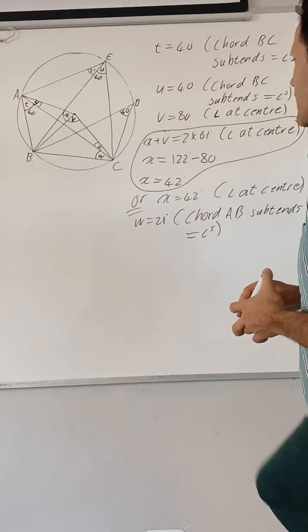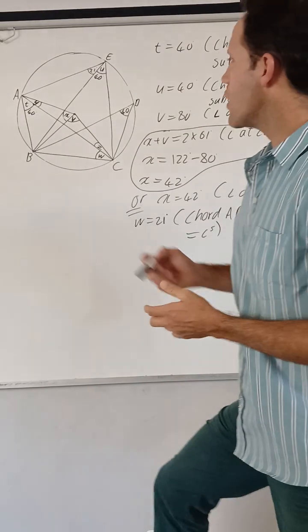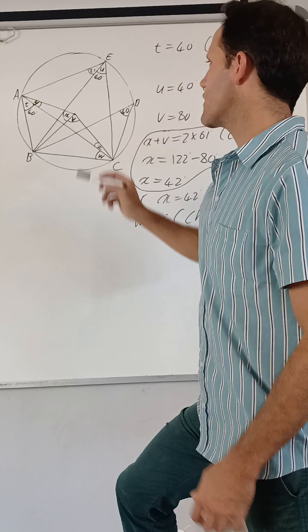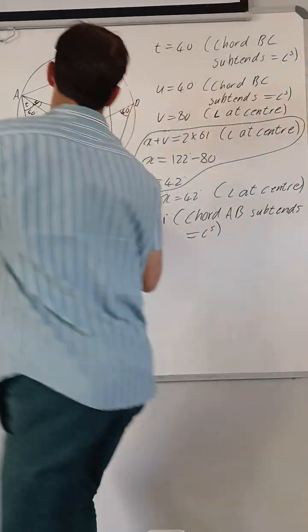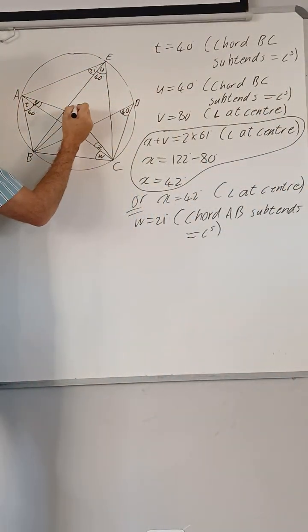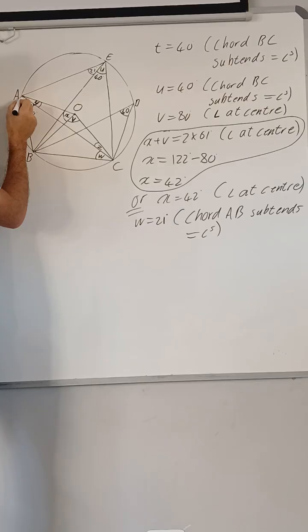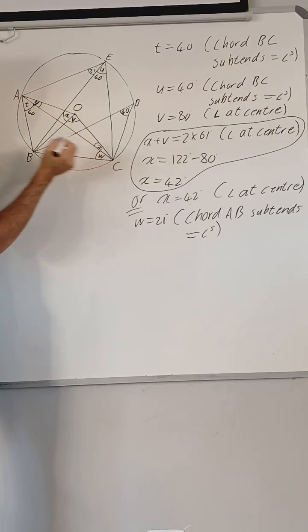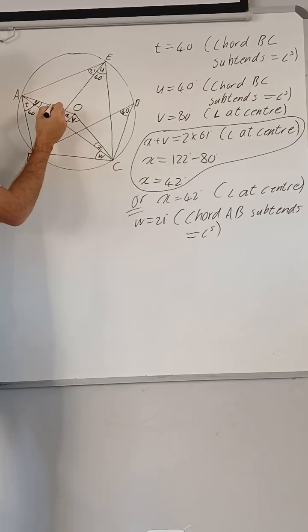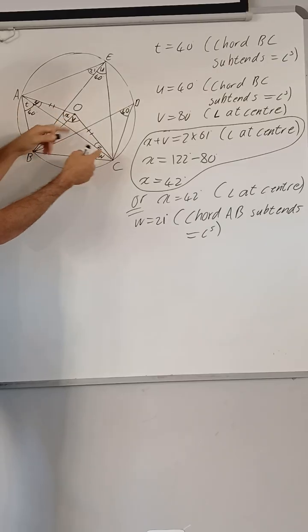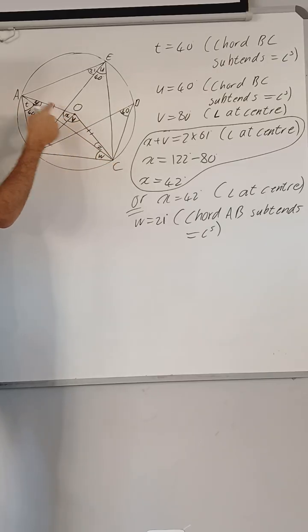Okay, did we miss any? Y and Z. So obviously Y and Z must be equal because of the radii. From the center of the circle, radius to A, radius to C. So you can even put it in. When you're in an exam, you can put it in to help you remember. From the start, I've got radii.